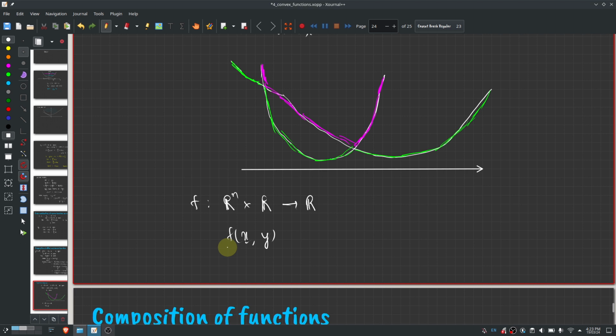It could be a continuous set, an interval, or a more complicated set. But suppose that f of x comma y has the property that for each y, f of x comma y is a convex function of x.